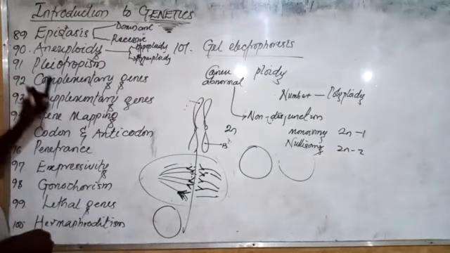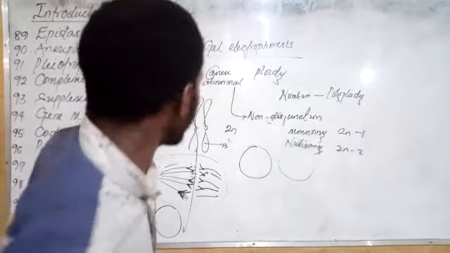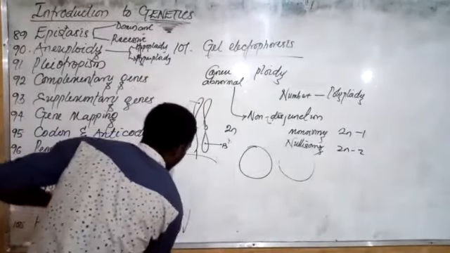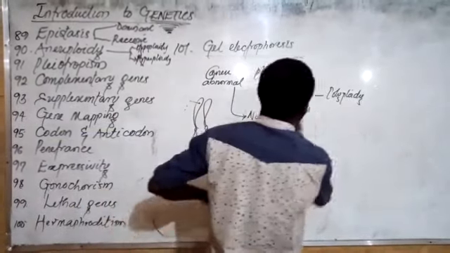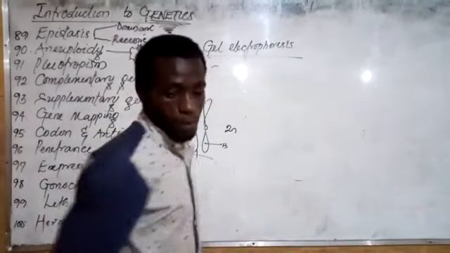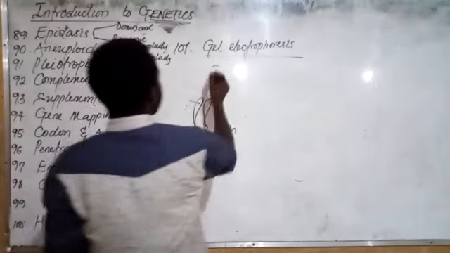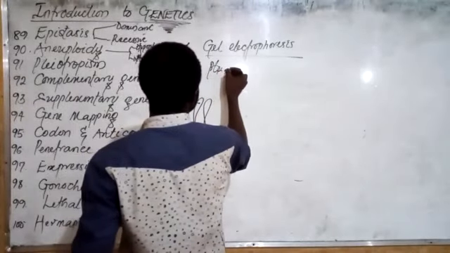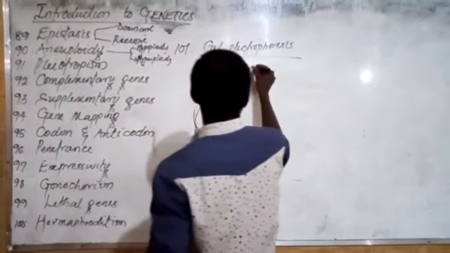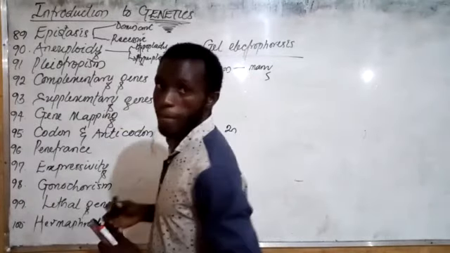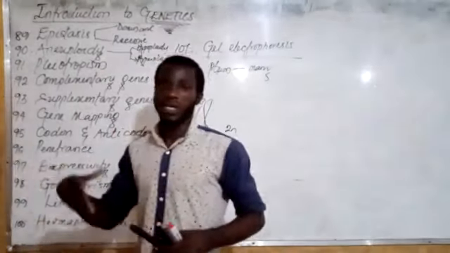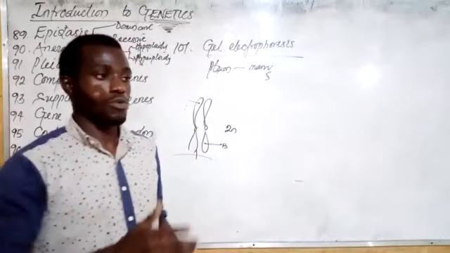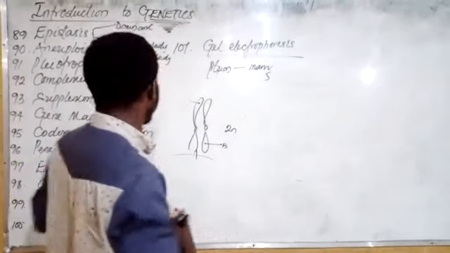All right. Then the next term is pleiotropism. Pleiotropism comes from two Greek words, which are pleion and tropos. So pleion means many or more, while tropos, from tropism, means response.